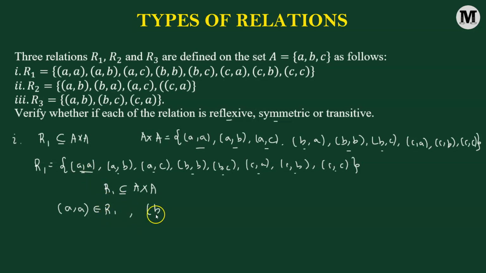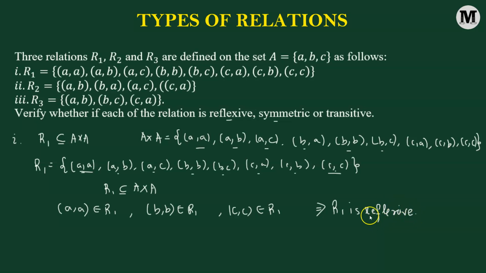Then we have B comma B. This is present in R1 as well. And then we have C comma C. This ordered pair is also present in the relation R1. Since these 3 ordered pairs are present in R1, we can say that R1 is reflexive. It is definitely going to be reflexive in nature.